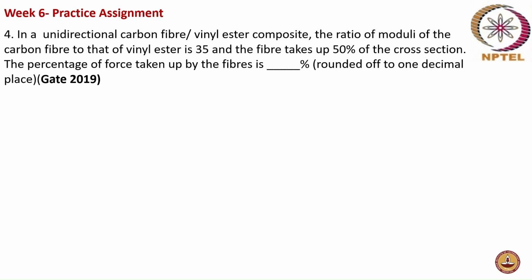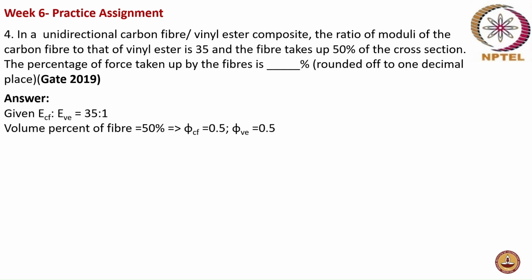Now, can we find the composite's modulus from what is given? Yes, we can, but only the ratio is given. And what else is given? The volume fraction, 50% of the cross section. Yes. Now let's see how to solve the problem.